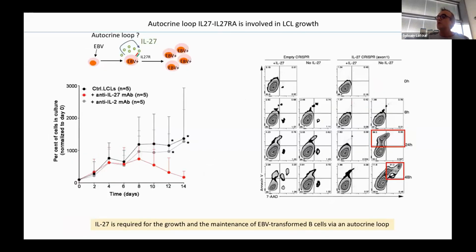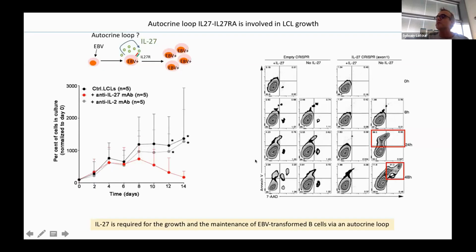And to test and formally prove the existence of this autocrine loop, we did two things. First, we co-cultured control LCL in the presence of blocking, neutralizing anti-IL-27 antibodies, and you can see here that these antibodies, when added to the culture, block the proliferation of control LCL, which is not the case if you use an anti-IL-2 antibody.